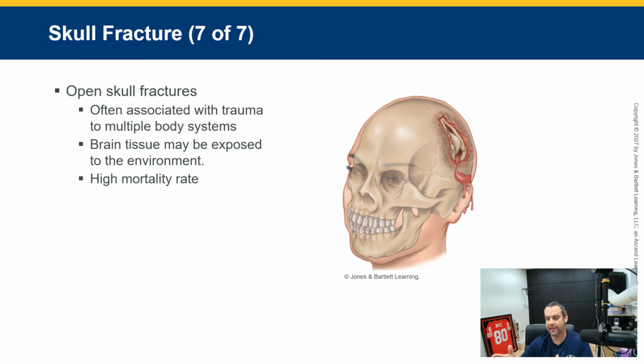You still need to start with your primary, again scene safety, BSI, but go back and make sure the patient has an open airway, is breathing, and has a pulse before you start worrying about the patient's limbs and injuries. Because yes, they have a broken leg, but if they're not breathing, they're not going to make it.